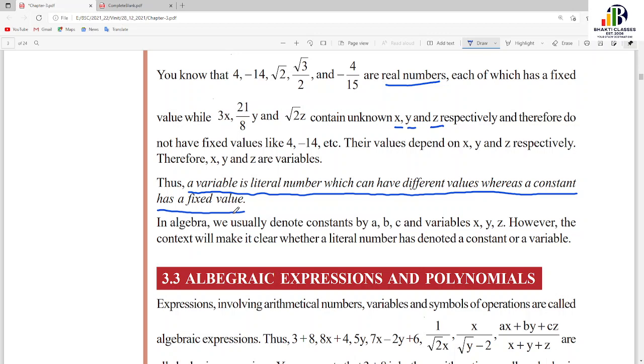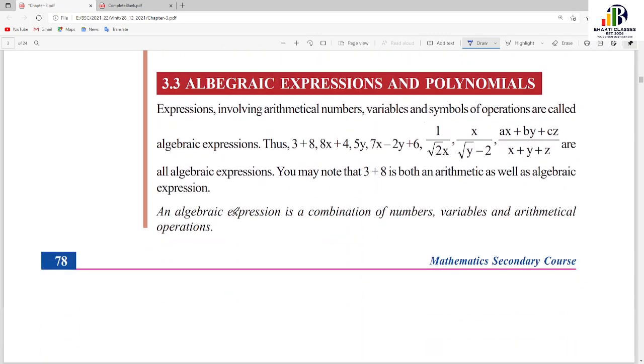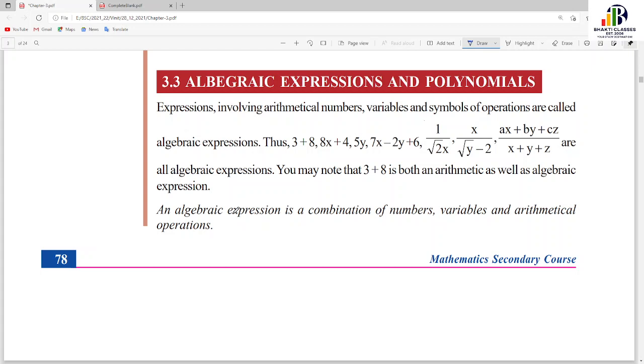So now we are coming to the next topic, algebraic expressions and polynomials. Expressions involving arithmetic numbers, variables, and symbols of operations are called algebraic expressions.